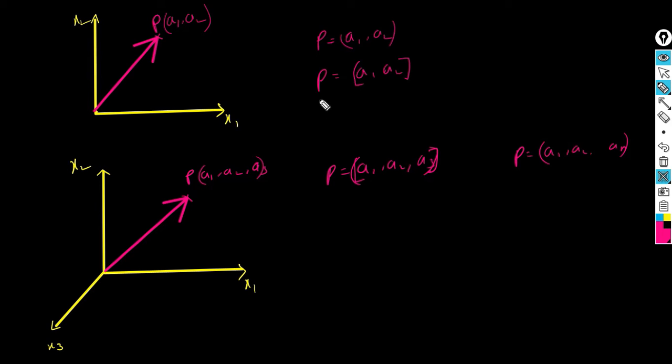If you want to represent it as a column vector, we can, no problem, with P equal to a1, a2 stacked vertically. Similarly, for this one, as a row vector P equals a1 a2 a3, and if you want a column vector, a1, a2, a3 stacked vertically.